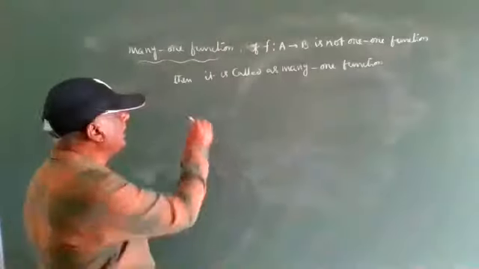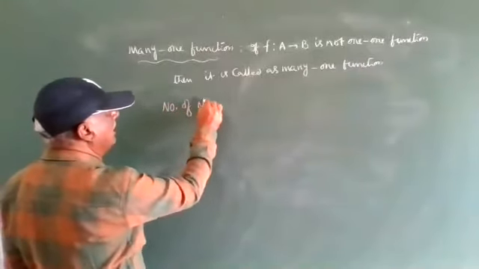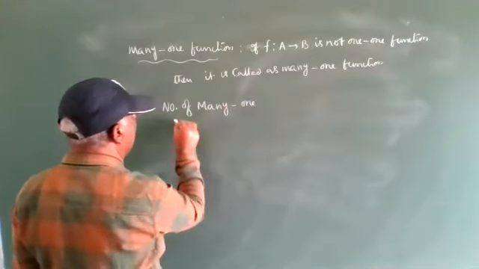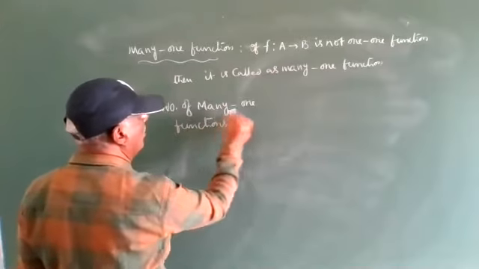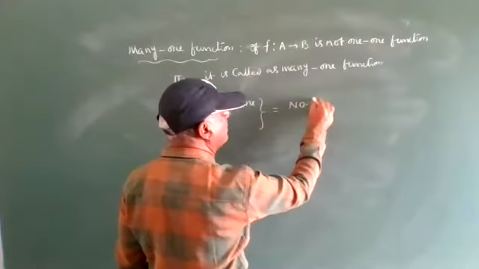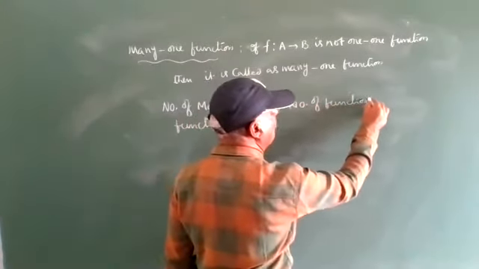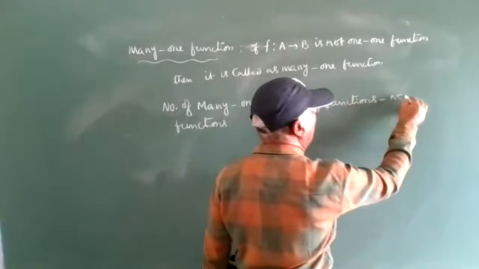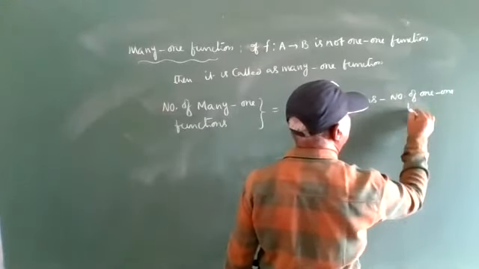Number of many one functions is equal to the total number of functions minus the number of one one functions.